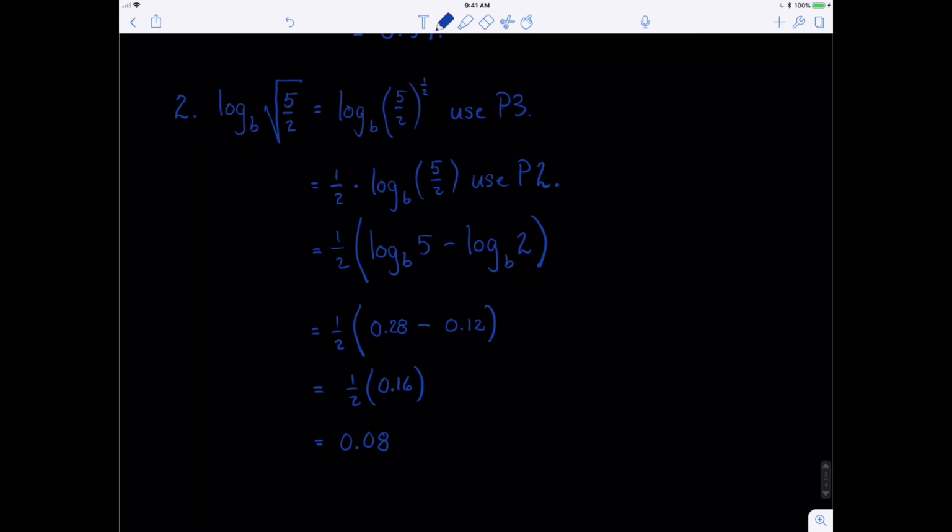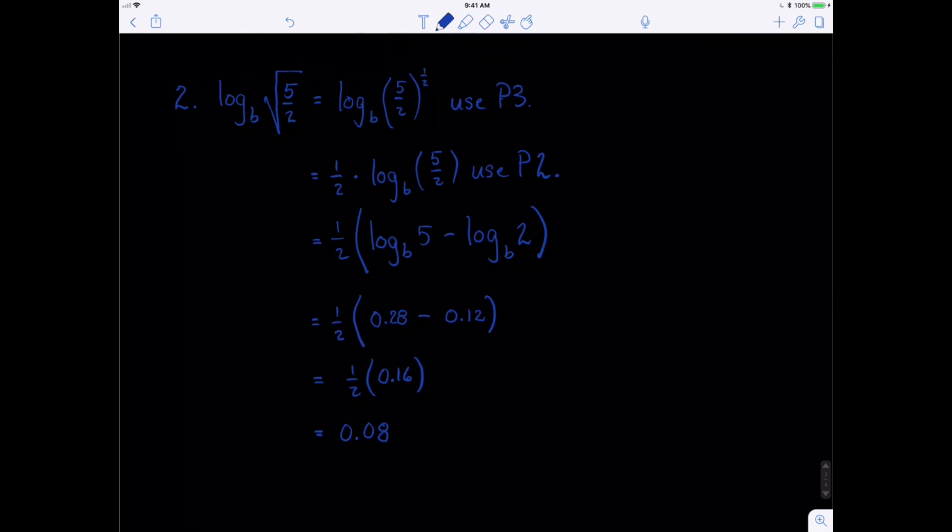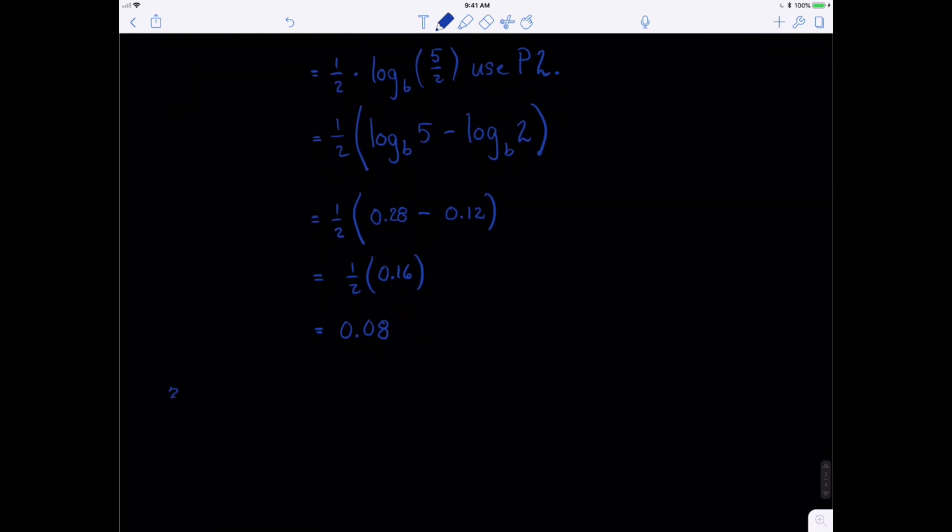Okay, let's try one more example. I think these are kind of fun myself, so I'm sure you do too. How about the log base b of 0.1? It looks deceptively simple. But we have to think in 2's, 5's, and 3's.